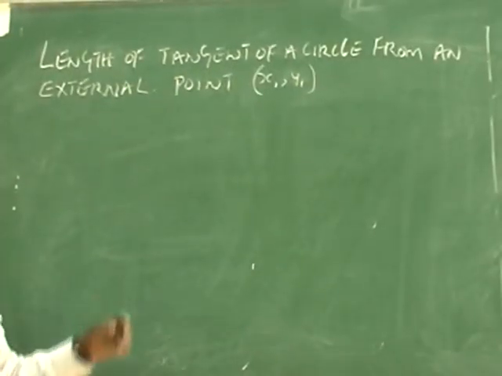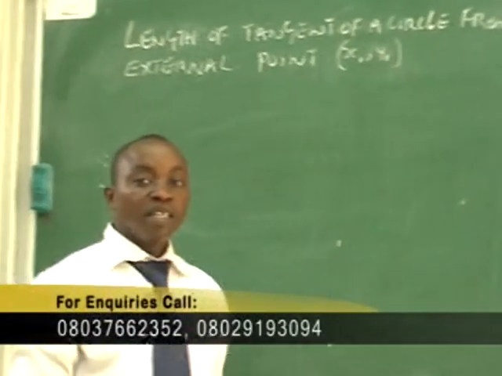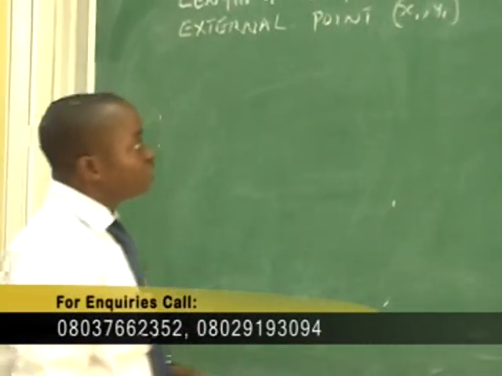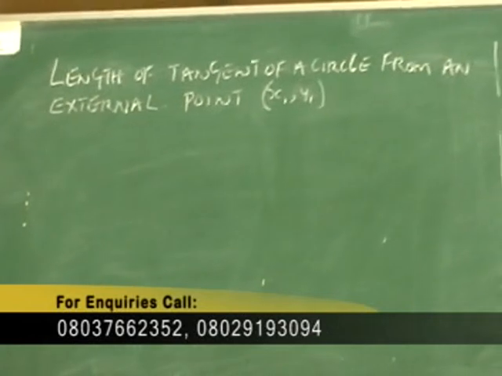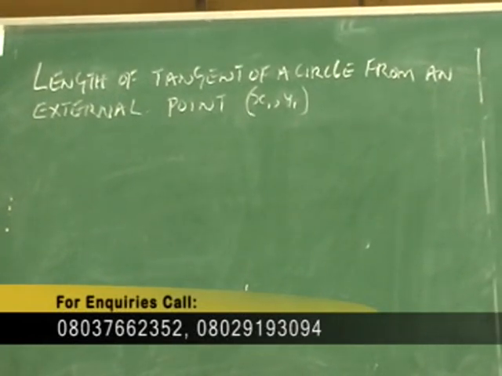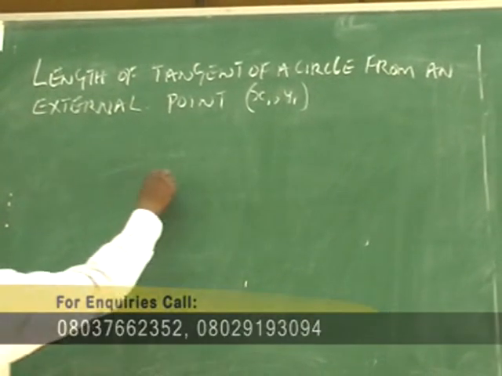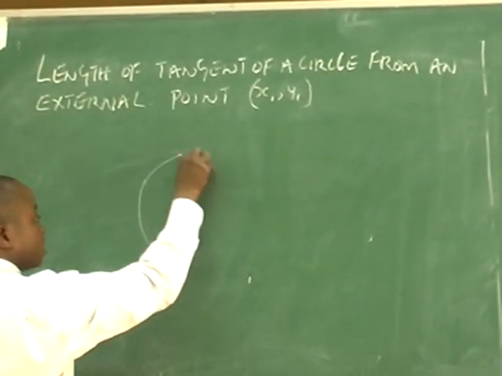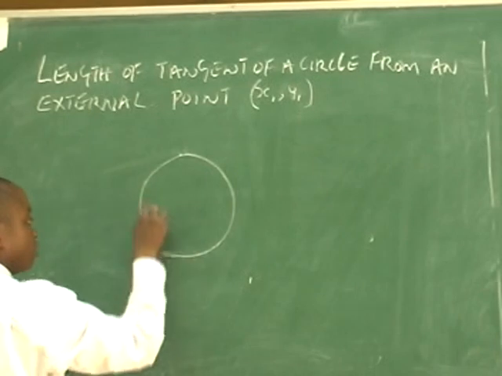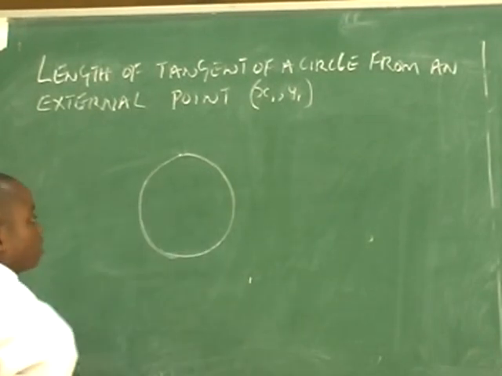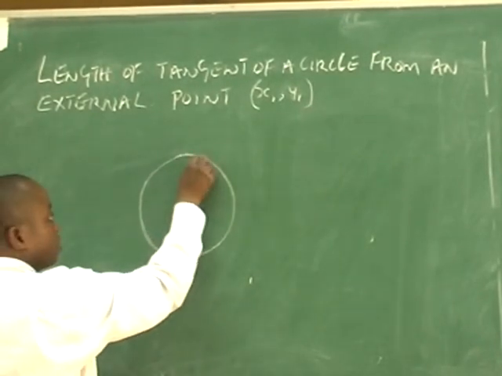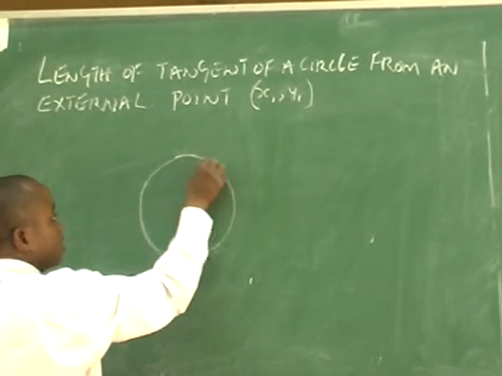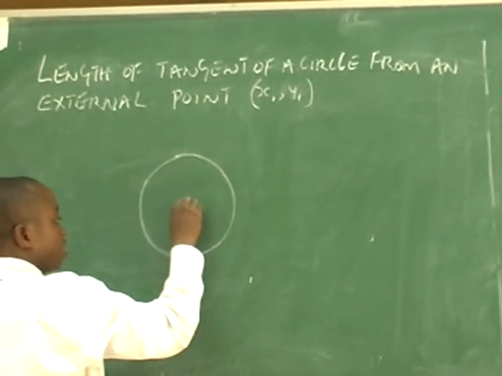Now, the next one we are going to look at is the length of tangent of a circle from an external point. Now, this is what we are talking about. If we have a circle like this, we know that this is the center of this circle.